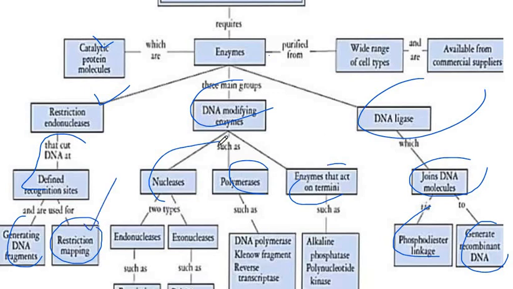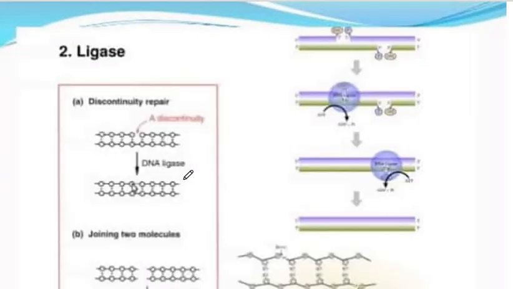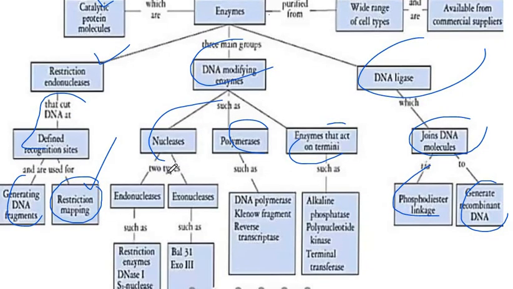Next are DNA modifying enzymes such as nucleases. Nucleases are divided into two types, endonucleases and exonucleases. Endonucleases include restriction enzymes, DNase 1 and S1 nuclease, and exonucleases include BAL31 and Exo3.